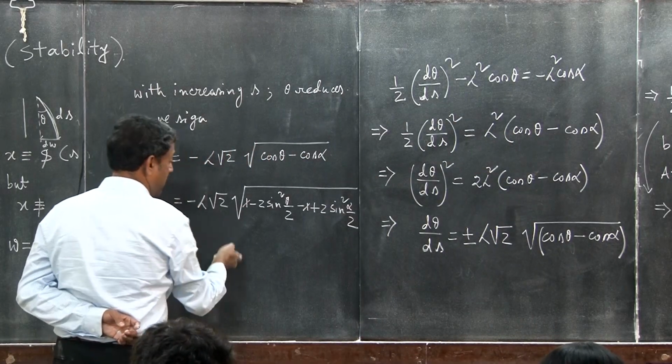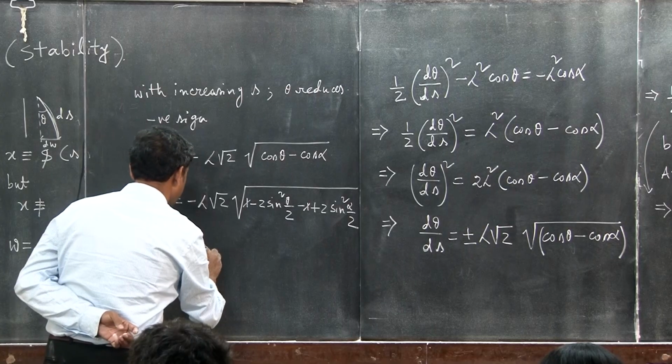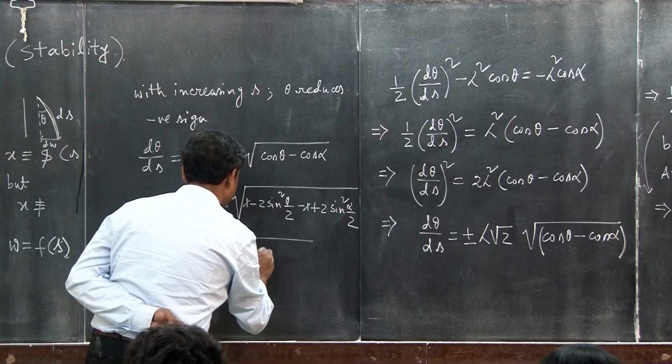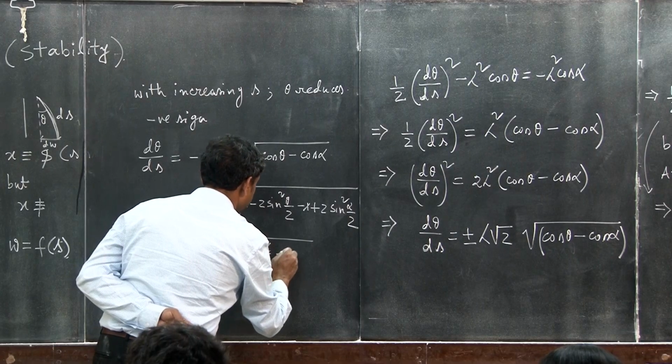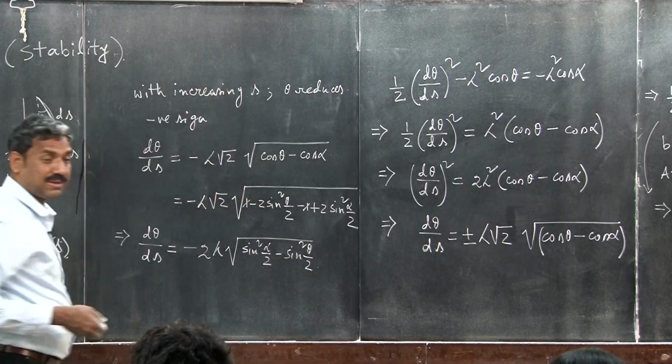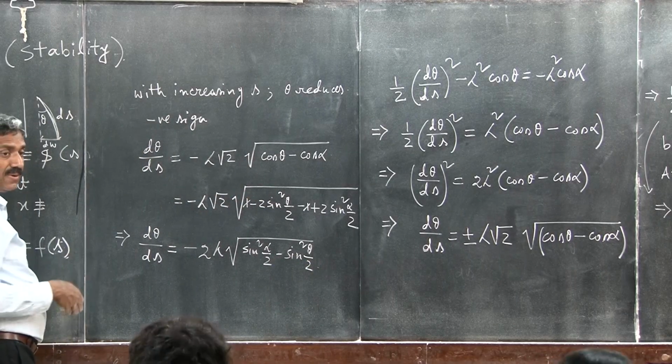Take out the root 2 factor, so d theta ds is minus 2 lambda root of sine square alpha by 2 minus sine square theta by 2. Okay, that is what we obtain, right?